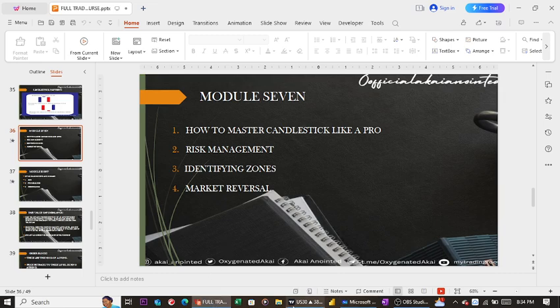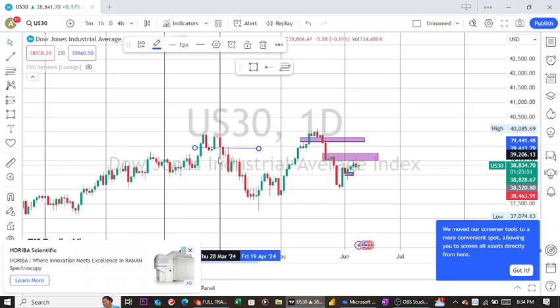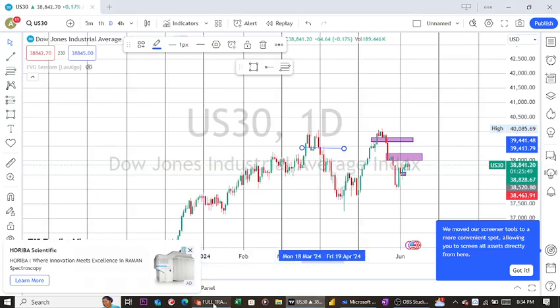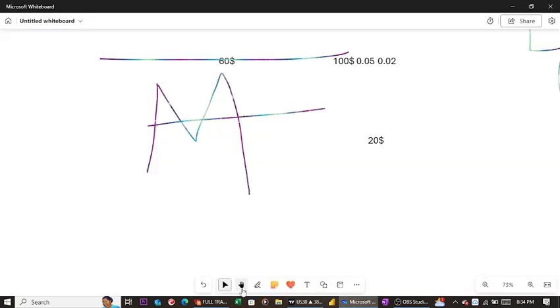So now, identifying zones. Previously, where two or three supports and resistance meet is a zone, a very key zone. Now, for identifying a zone, let me see how many tips I can give you.